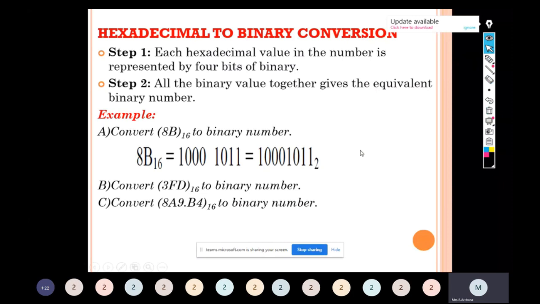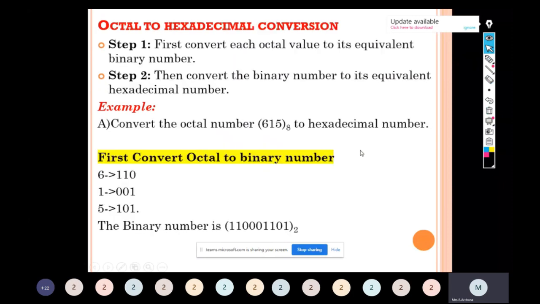Next thing, octal to hexadecimal conversion. So we have seen binary to octal, octal to binary, binary to hexadecimal, hexadecimal to binary. Directly we have converted. But in the last two cases, our special conversions are octal to hexadecimal and hexadecimal to octal.